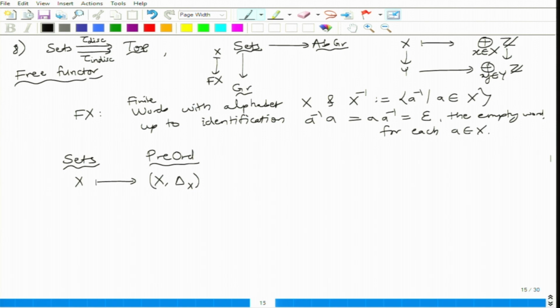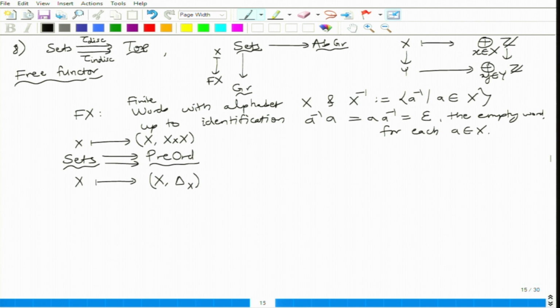There is also another possibility. We associate everything with everything: X comma X cross X. There are too many X's in this, but I hope you can understand. So X cross X, X square, where everything is related to everything.